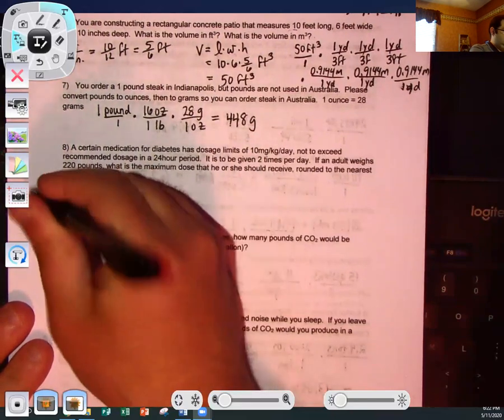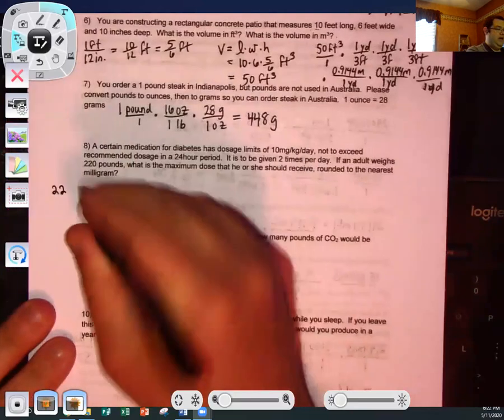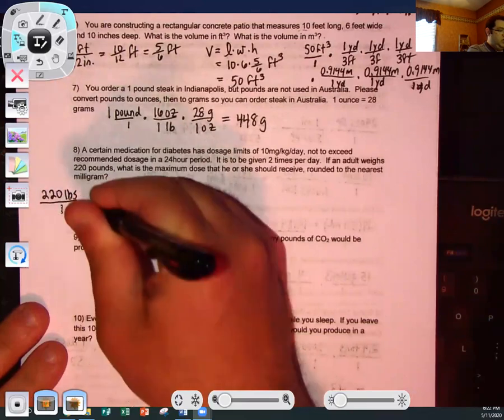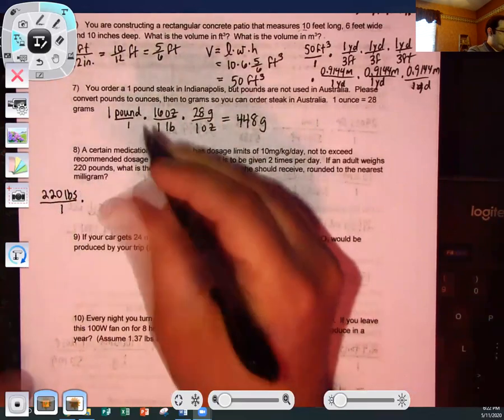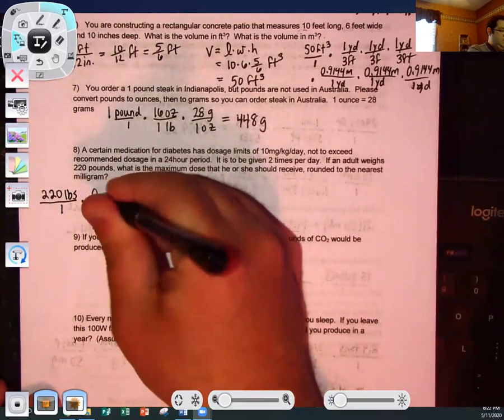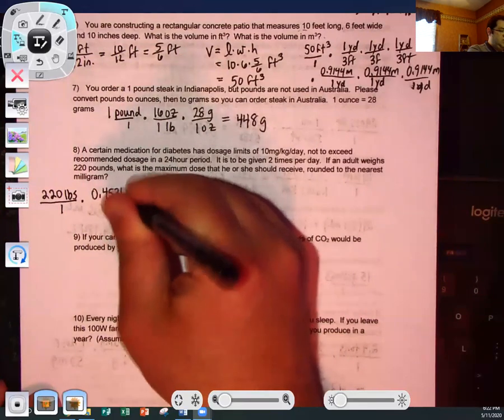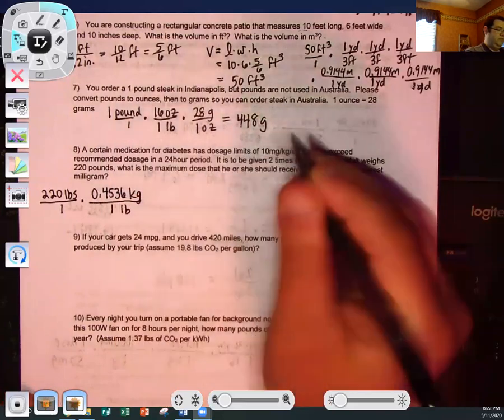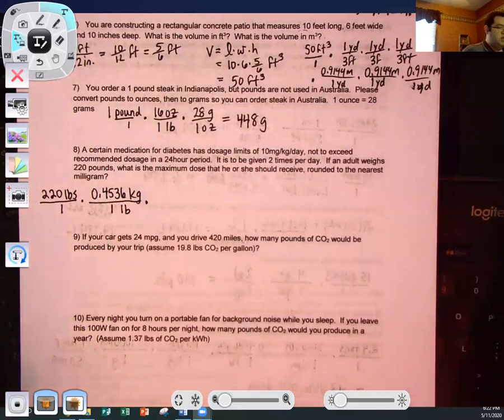So we're going to start with our 220 pounds, and we're going to convert that to kilograms. So we're going to multiply that by 0.4536 kilograms per 1 pound. Then we're going to multiply it by the dosage.